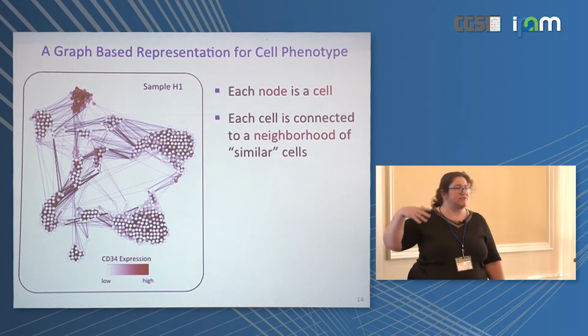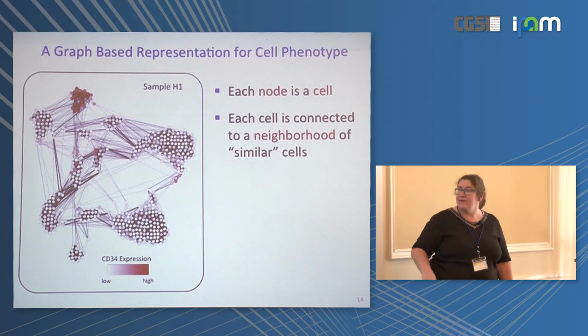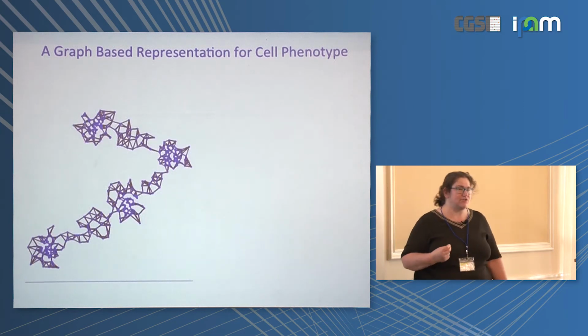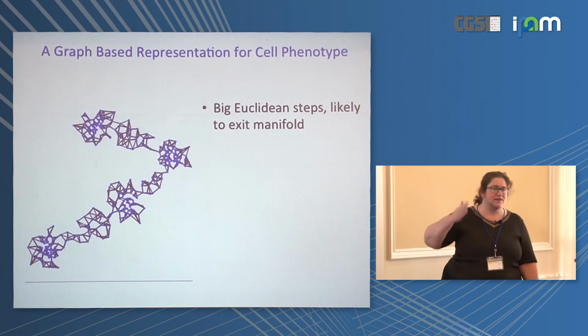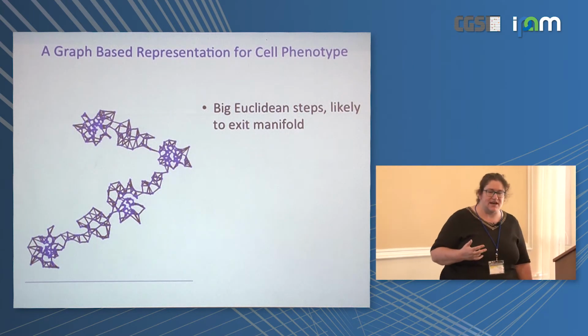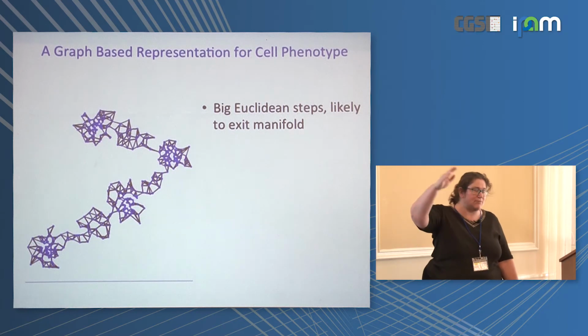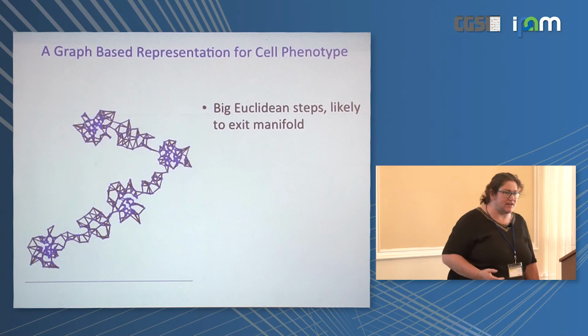Building a good graph differs between the different applications, but the core idea is this: now that I have a graph, big steps through space, these big Euclidean distances, are bad because I don't know what unoccupied space I can go to and how I can jump really far from really interconnected things.